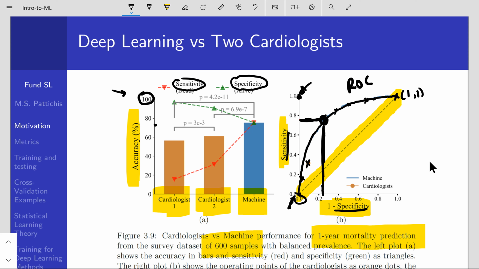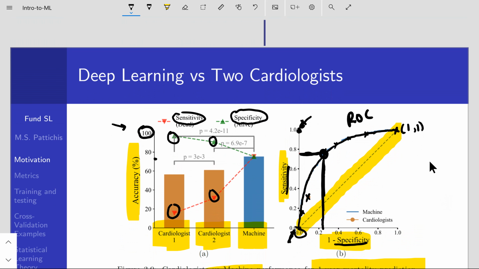Notice that the cardiologists are a little bit unbalanced, right? You can see that they have higher specificity than sensitivity. In other words, roughly speaking, what is happening in this example is that there is a wide gap between what they're telling and what is actually happening here.